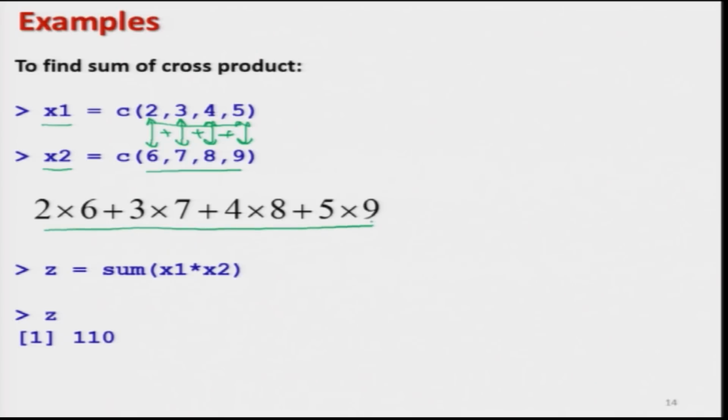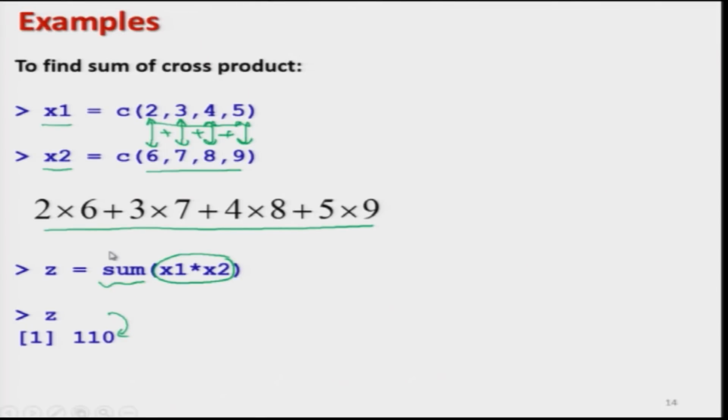I need to find out the value of this thing. Now I can do it very easily using the built-in operator. First, I need to find out the multiplication, so for that I can simply use the operator x1 star x2. That means I am multiplying the components of two vectors x1 and x2, and whatever is the outcome, I am going to sum. So, this value will come out to be 110.